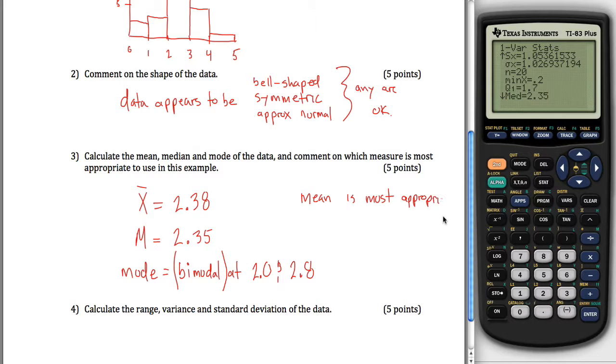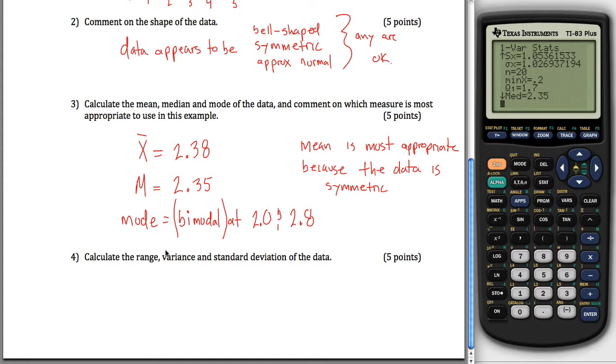I don't know if I care if you say why, but the reason why is because the data is not skewed, because the data is symmetric, or bell-shaped, or approximately normal.